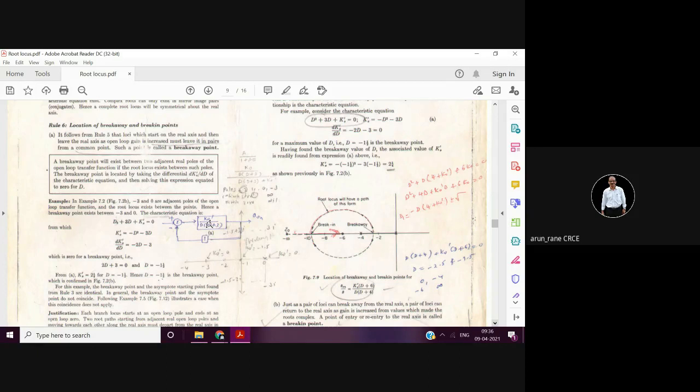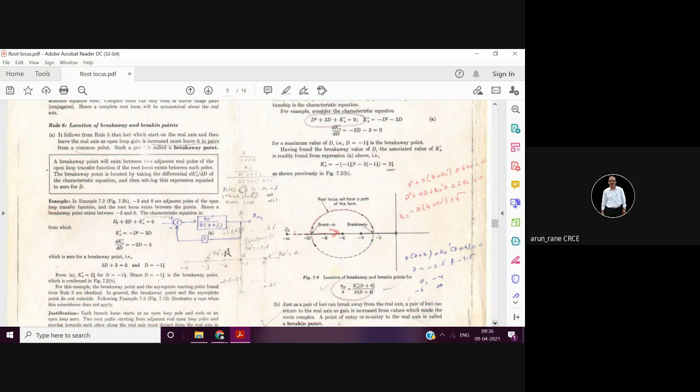So A upon 1 plus AB will give you this characteristic equation.